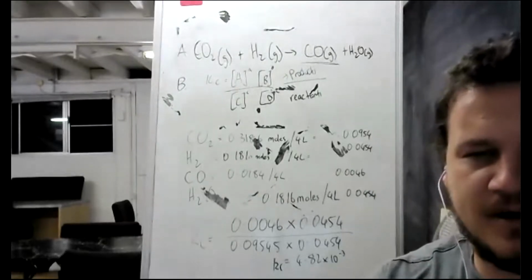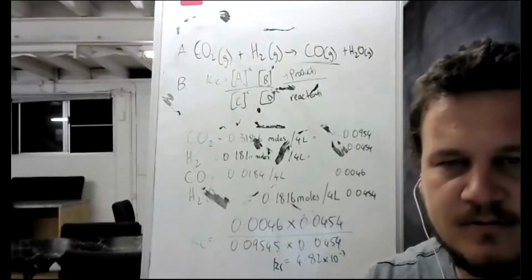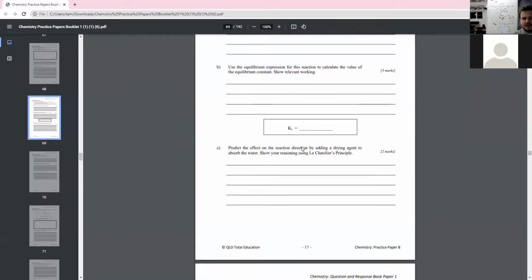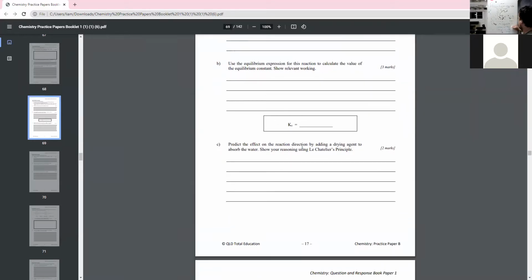All right, and there is a part C to this question. So, what would be the effect of adding a drying agent? I'm not going to tell you what a drying agent is. You guys should be able to figure that out logically, looking at the balanced chemical equation. So, what effect will adding the drying agent have, and what effect will that have on equilibrium?